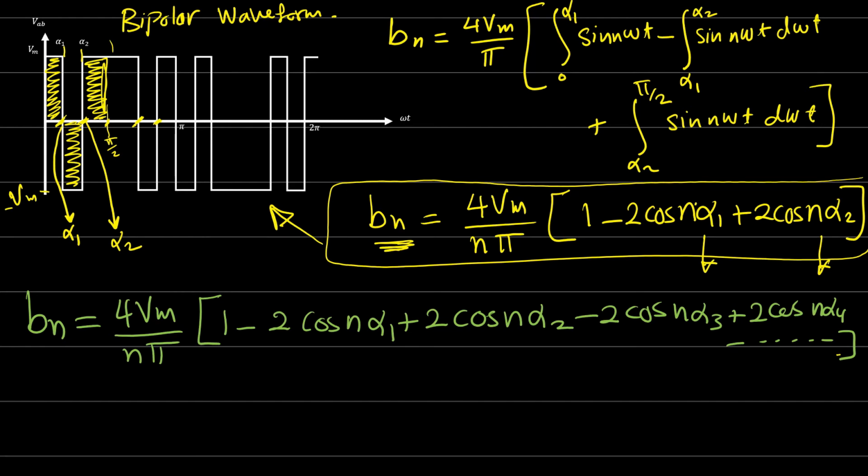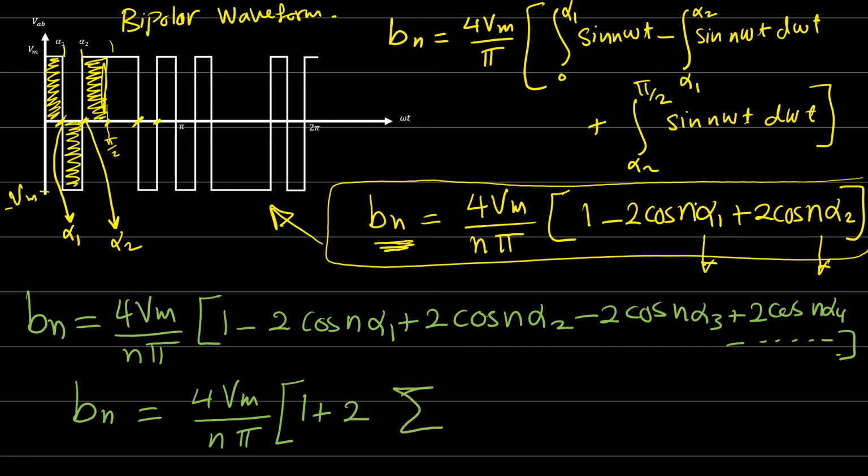Okay, so here we can simplify this equation to be Bn equal to V maximum over n times pi times 1 plus 2 sum from k equals 1 to m of minus 1 to the power k, multiplied by cosine n alpha k.